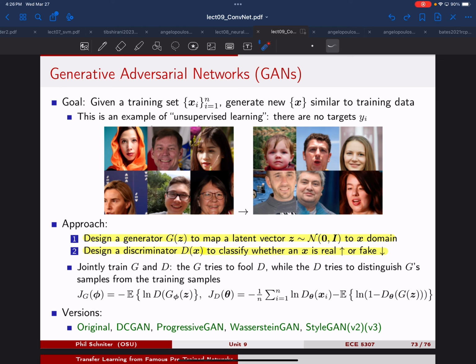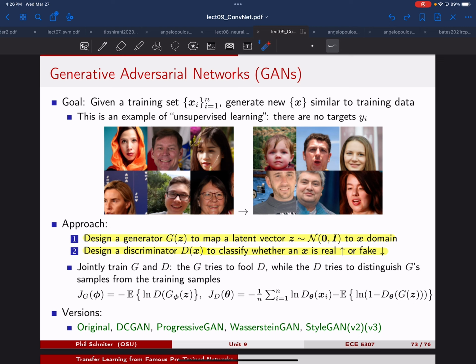However, for that discriminator, it wants that if you take Z, put it through the generator to get a fake face, put that through the discriminator, it wants that thing to be small. So it wants 1 minus that to be large, or log of that to be large, or again the minus sign is because this is a loss. So this is the loss you use when training the generator. This is the loss you use when training the discriminator. Alternate back and forth and you get really good results.